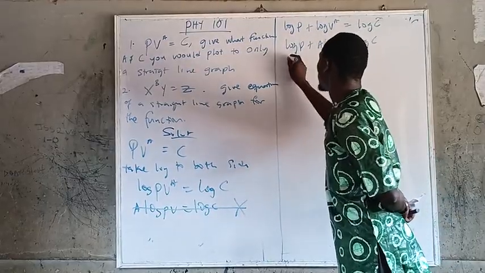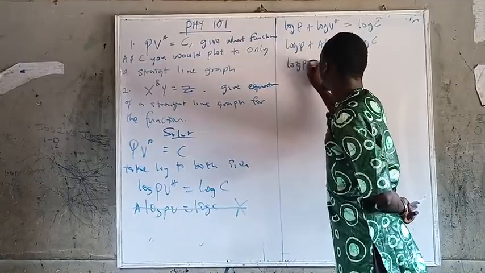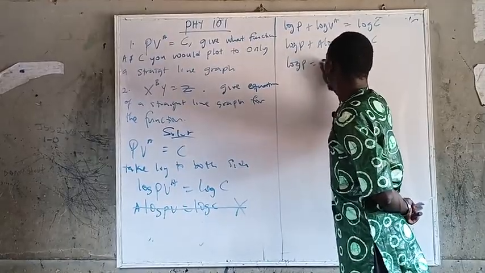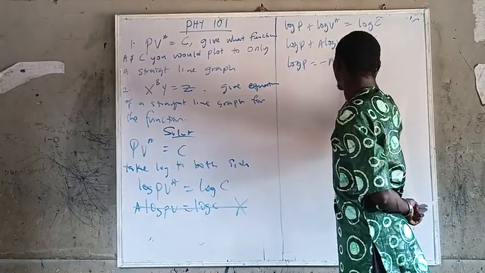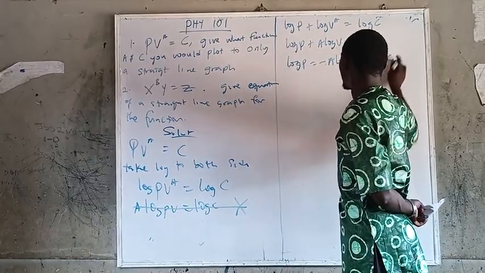If you take this to this side, you have log P is equals to minus A log V plus log C.